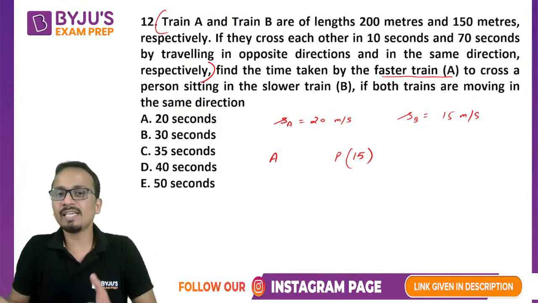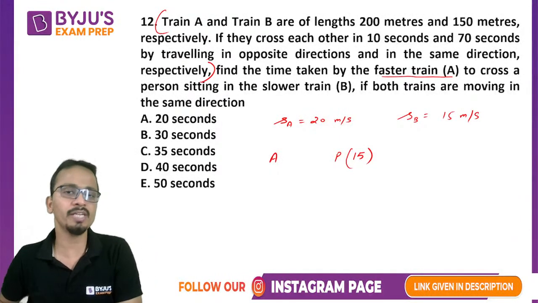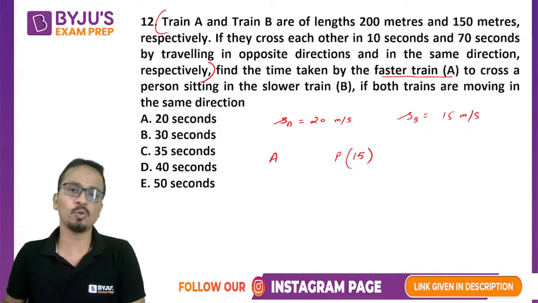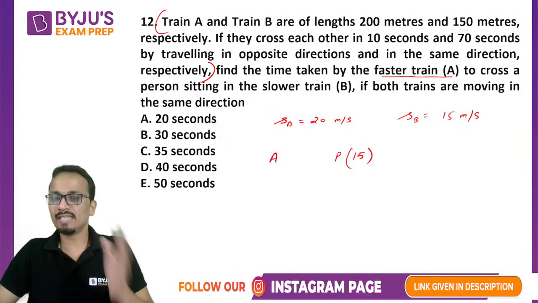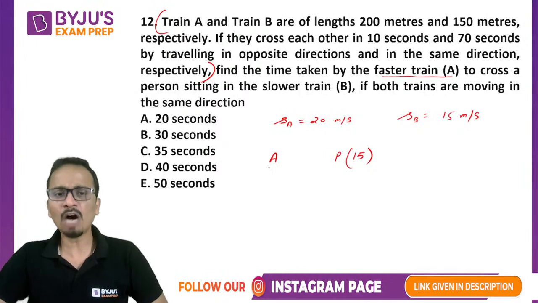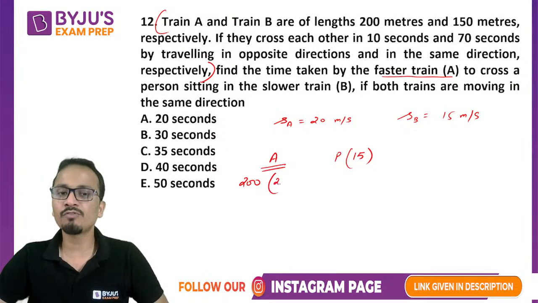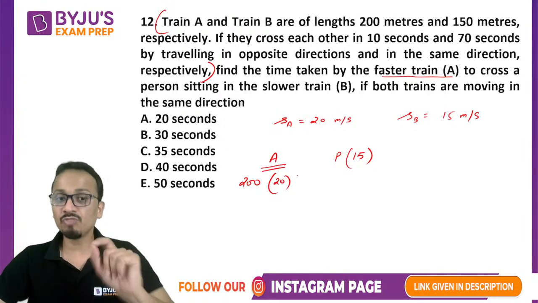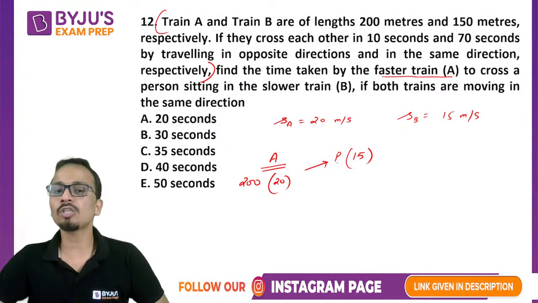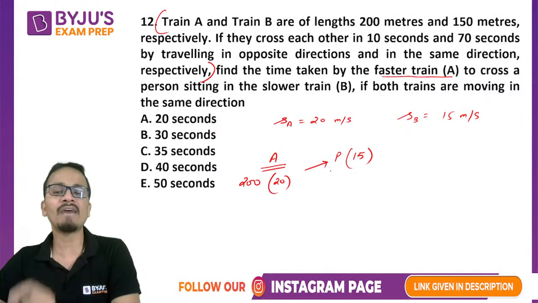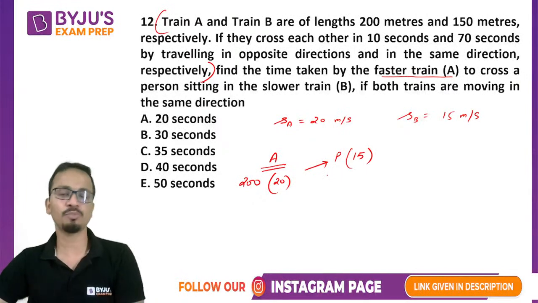So the faster train has to cross a person who is sitting in the slower train, and that person is traveling at the speed of the slower train. So the question is, how much time will train A, whose length is 200 and which is traveling at a speed of 20, take to cross a person who is traveling at 15 meters per second?